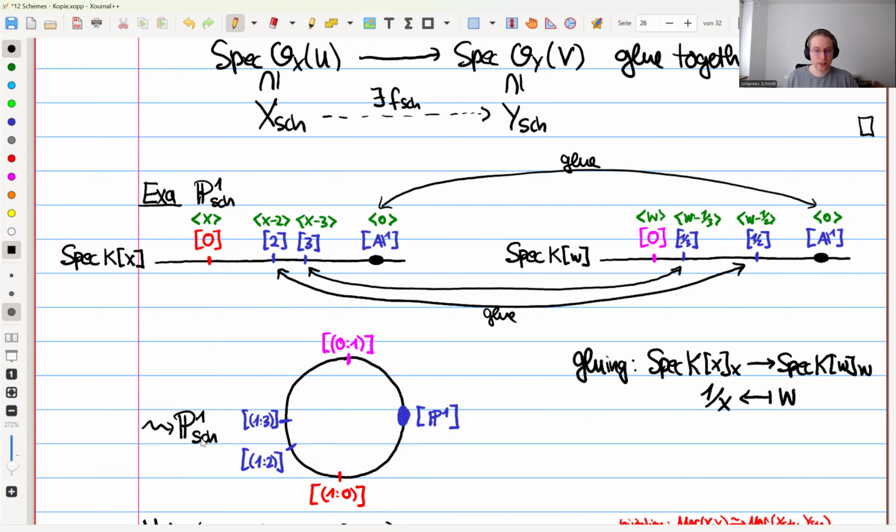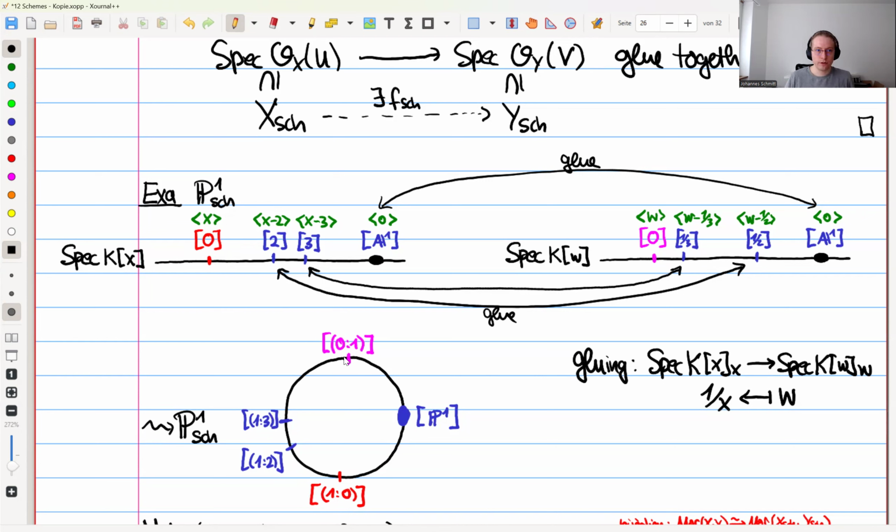But this was all in the language of the first idea, just gluing together affine schemes. But then you can also look at the recipe which we gave, the P1 scheme. So what do you expect in the P1 scheme? It should have 1 point for each irreducible closed subset of P1. But P1 is one-dimensional, so it doesn't have that many irreducible closed subsets. It has 1 for each closed point, and these are exactly the closed points of P1.